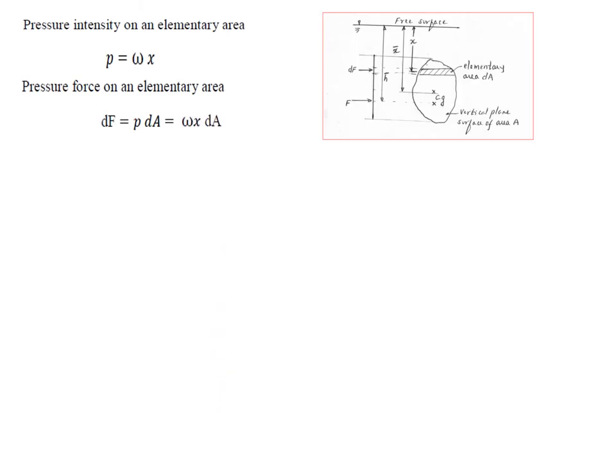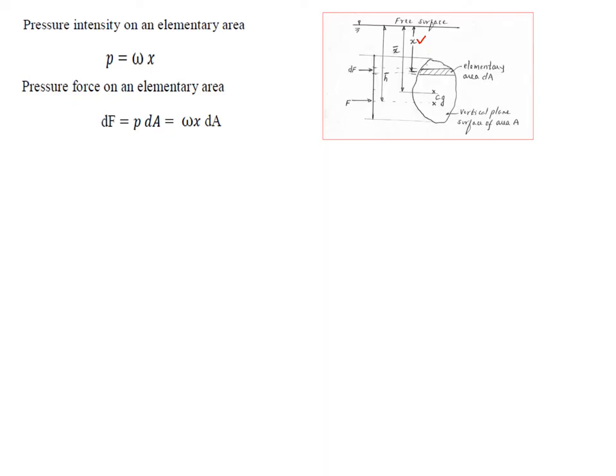If you consider the entire area to be made up of such elementary areas, you can go on finding the forces on each of the elementary areas. Please note that as you take the elementary areas, the x quantity is changing. As you move towards here, x will go on changing, so the force also goes on changing.